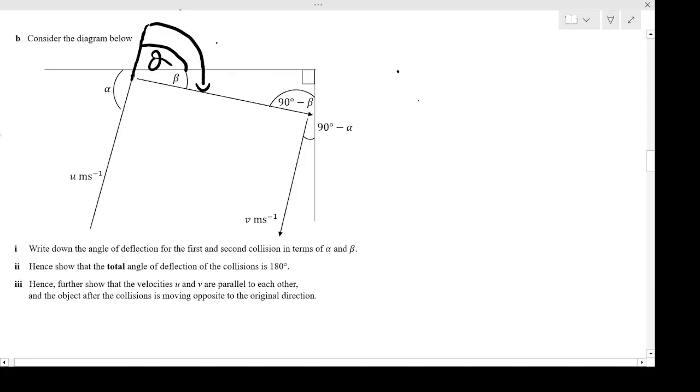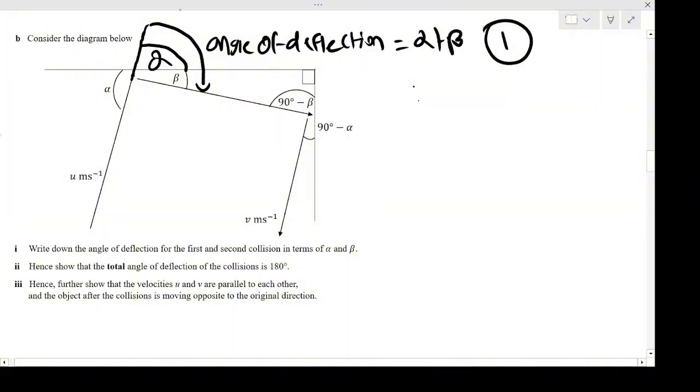The angle deflection tells us the direction of turn. You can see that the angle deflection here is going to be alpha plus beta. That's usually pretty much always the case. You just add the two angles. So that's for my first collision.